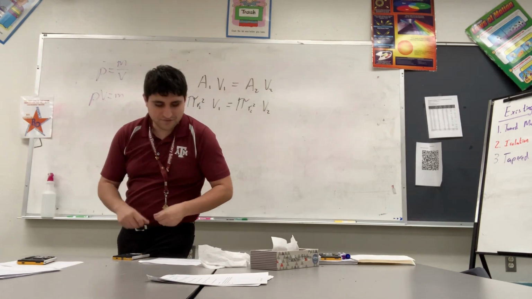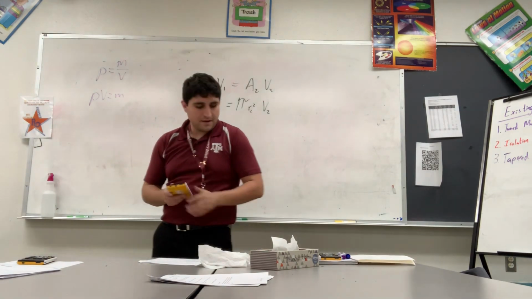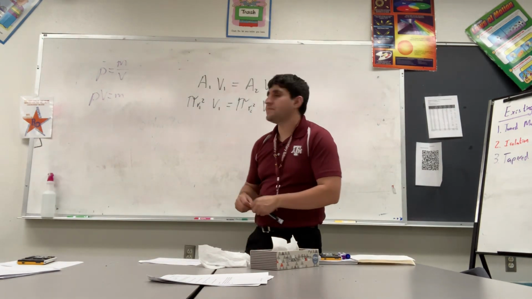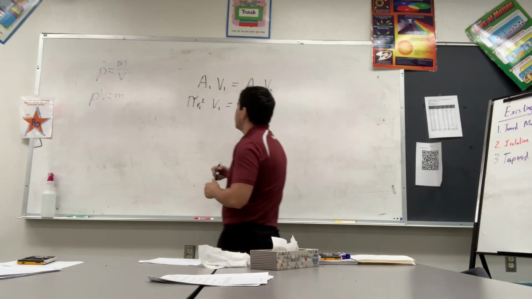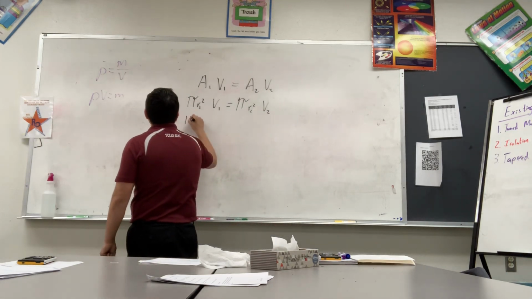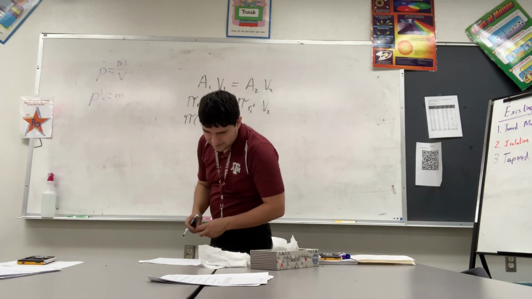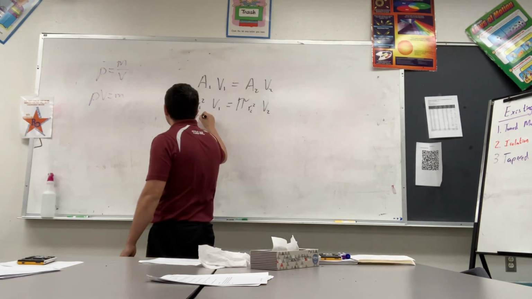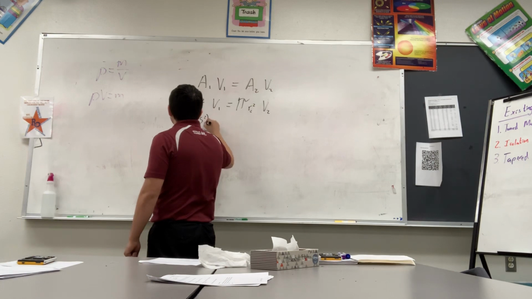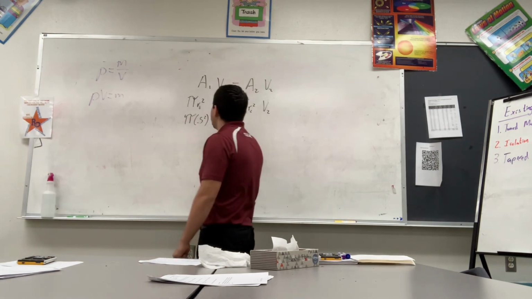Alright. So, how do you set this one up? It'll be pi, and the first radius is 0.5 squared. We don't know that velocity.